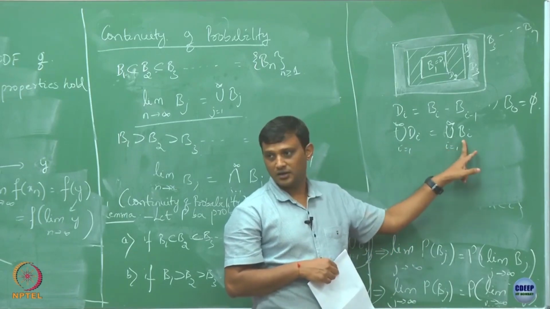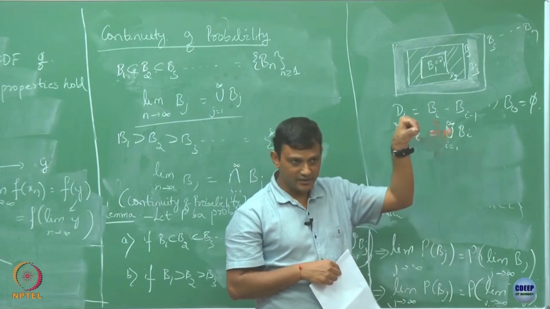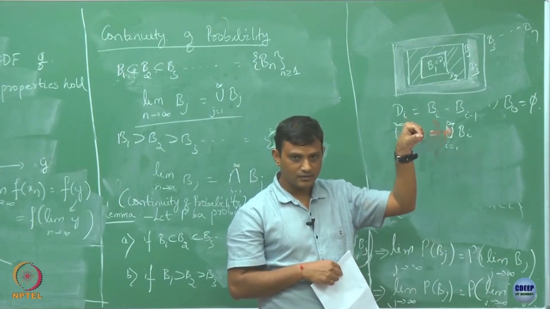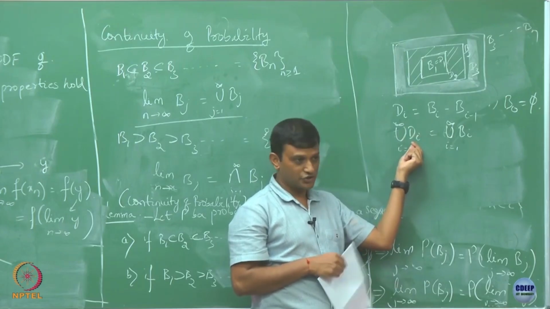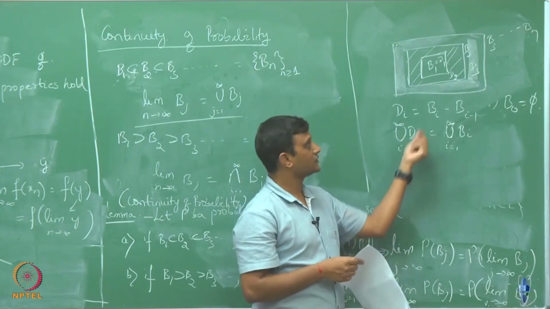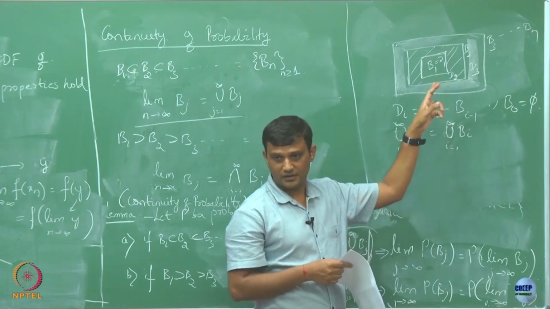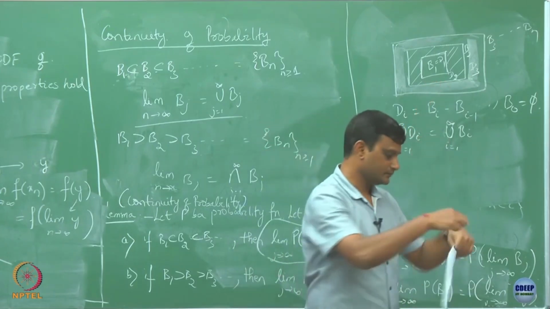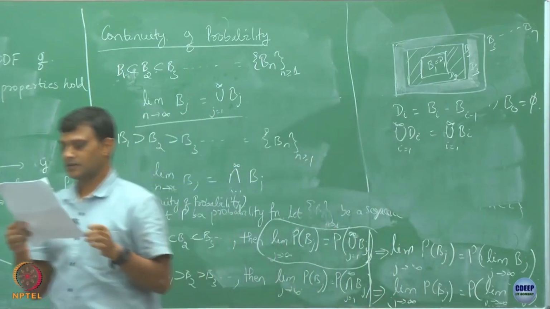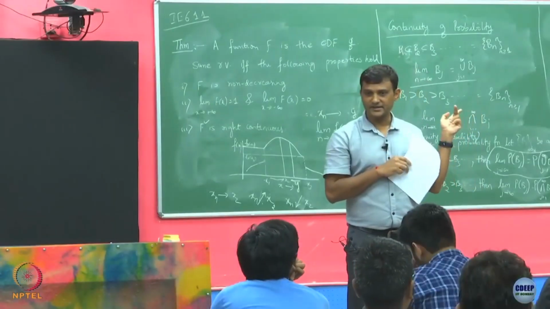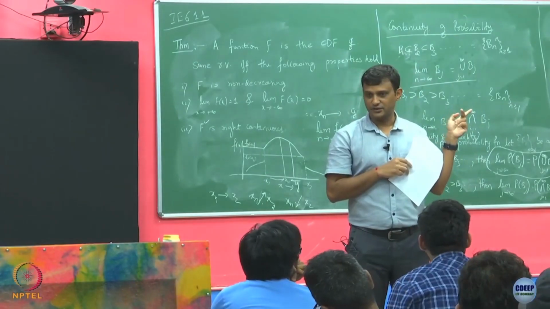While the sequence Bi are nested, these Di are mutually exclusive because of the way we have defined it. So is that clear? I can write union of Di same as union of Bi.